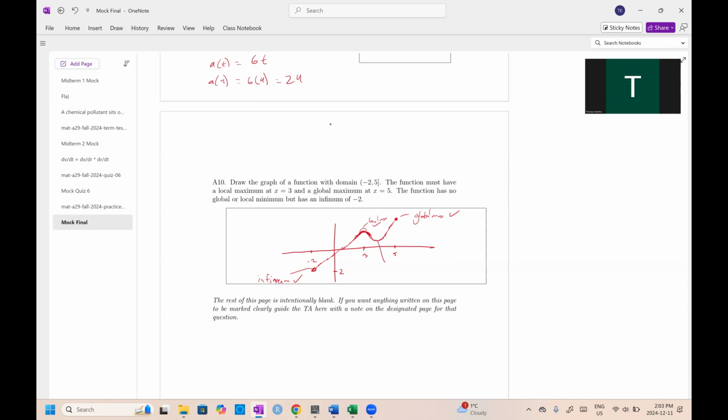This is a local min, and I'm told I have no global or local minimum. So I need to somehow get rid of this, and it turns out we can't get rid of this using a continuous function. We actually have to have some sort of jump discontinuity, or we could also do a removable discontinuity. Both could come down to here, and I have a single dot that jumps up here.